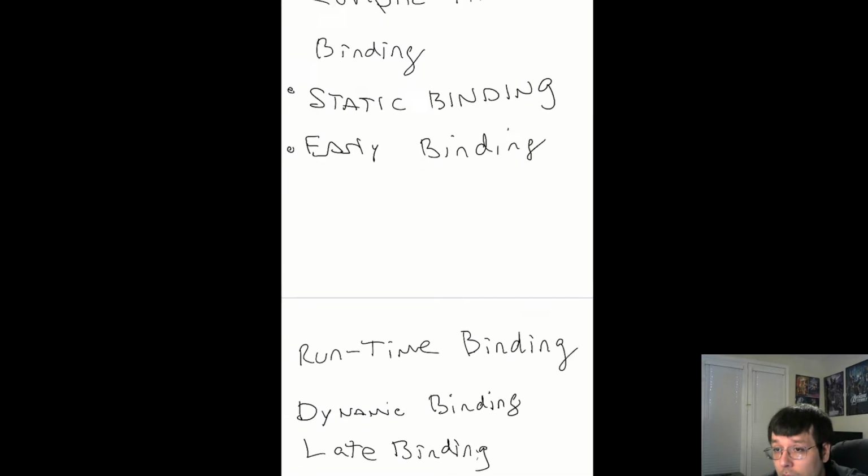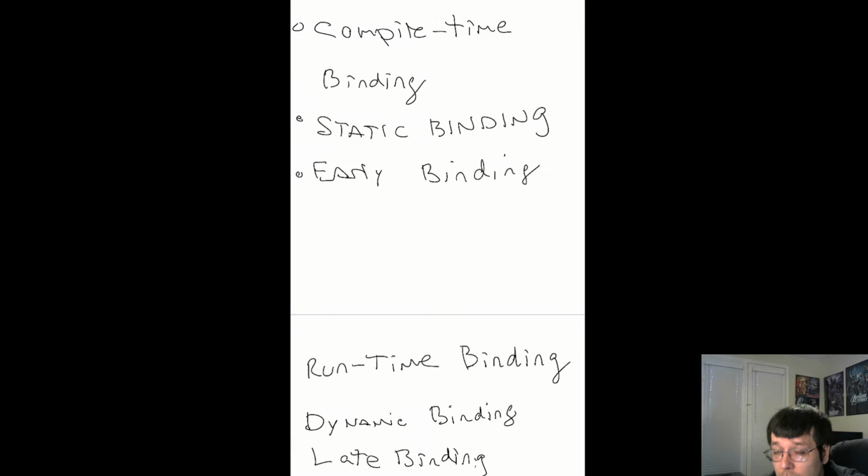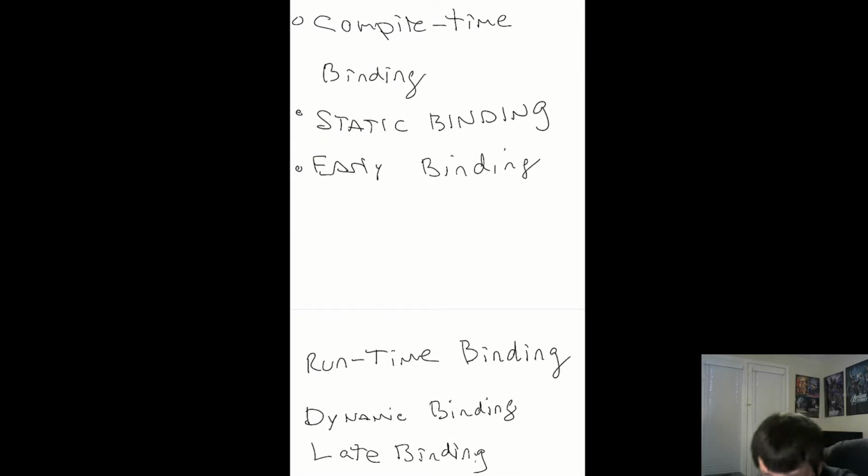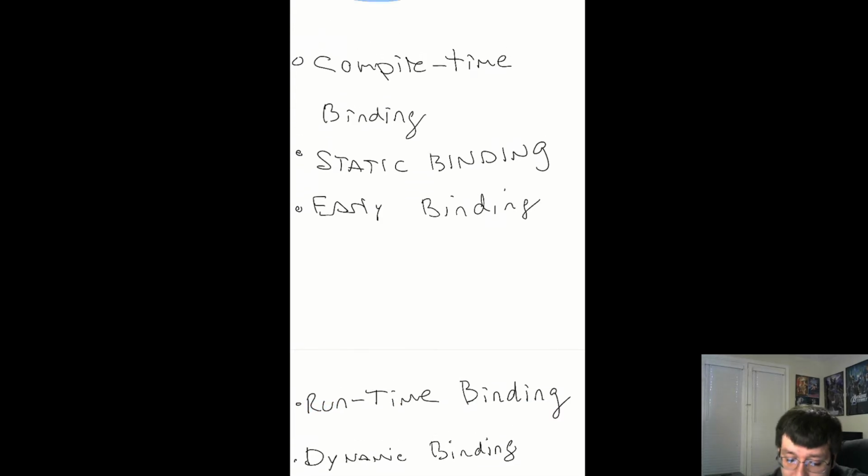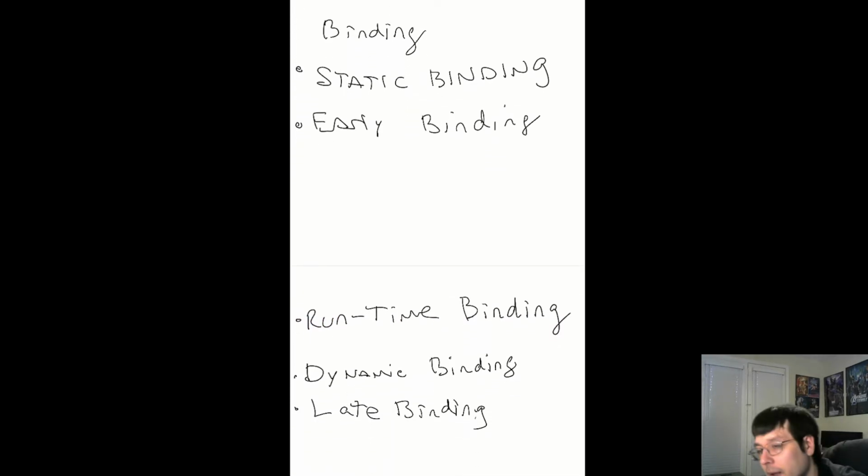So I would stick to using one pair of these at a time. Go with these pairs or go with the next one, but don't mix and match. Don't say, well, this is static binding in comparison to late binding, because some people will be like, huh, wait, what? But in case somebody else does that to you, you know what they're talking about.